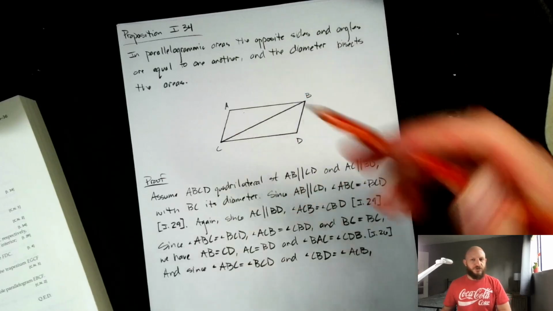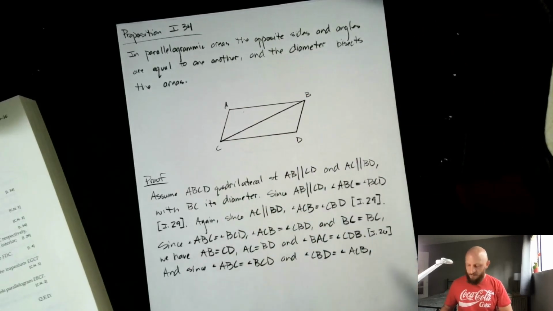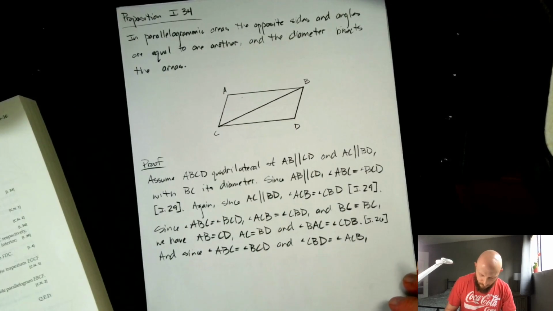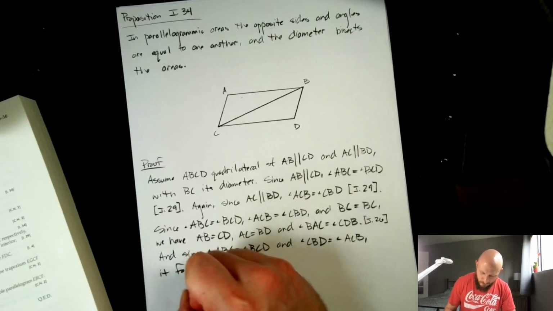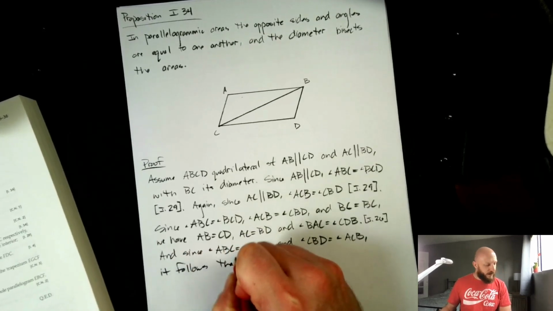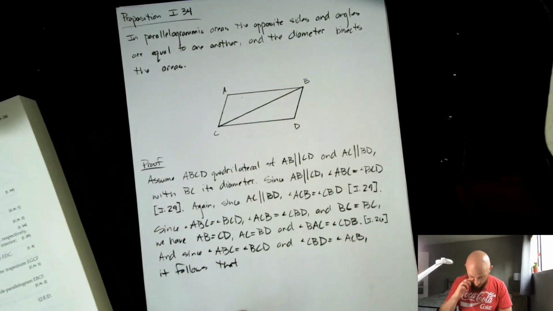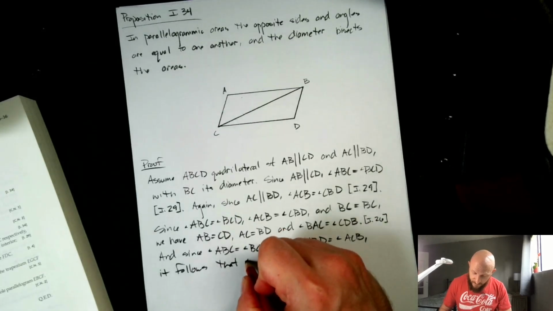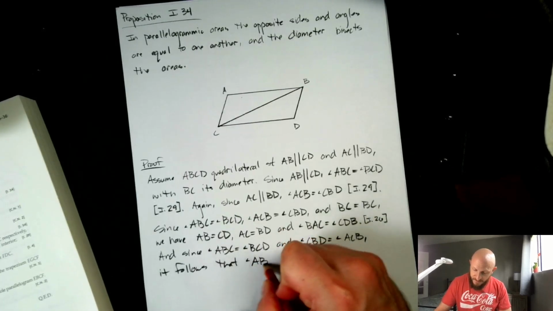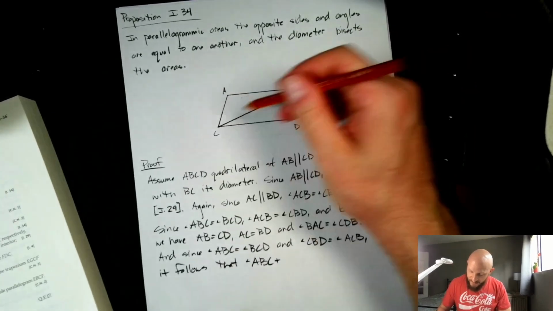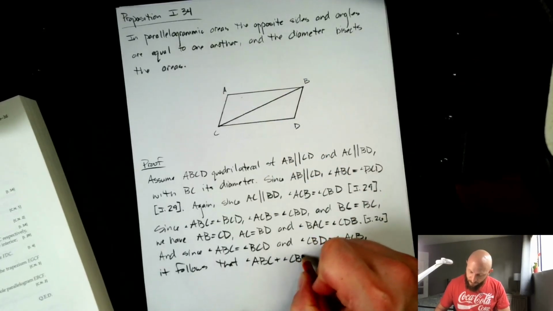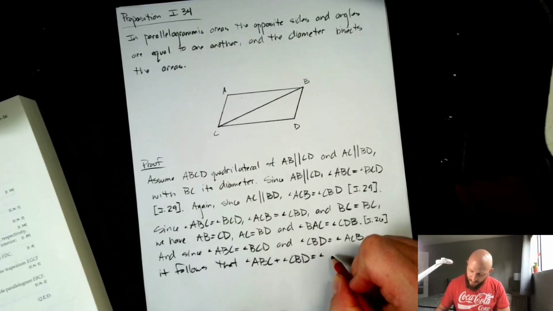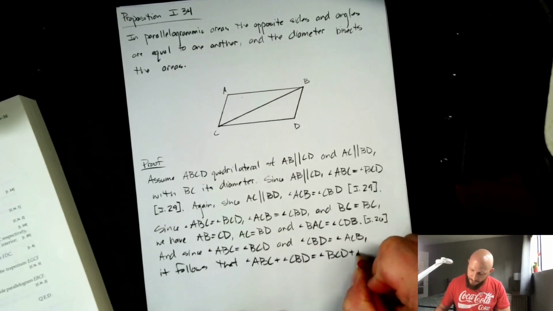By common notion 2, equals added to equals are equals. It follows that, let's be explicit, angle ABC plus angle CBD equals angle BCD plus angle ACB.